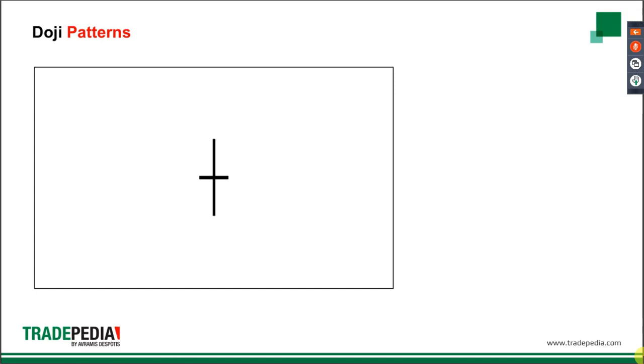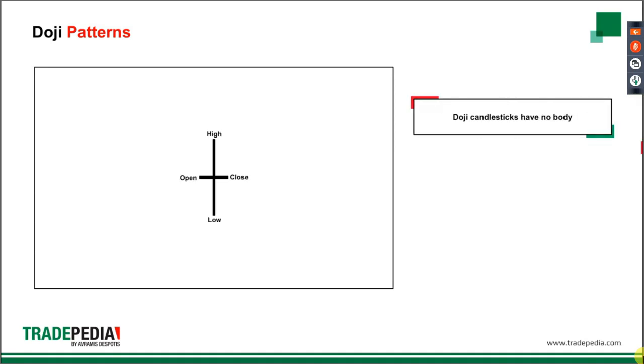There is a struggle between the buyers and sellers, and they are considered neutral patterns. So when you see a doji, usually it represents indecision. Any bullish or bearish bias depends on the confirmation coming from the candle after the doji. So this is what a doji looks like, and this is what they represent.